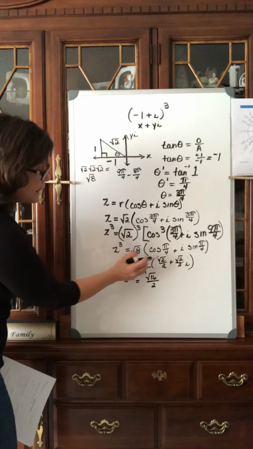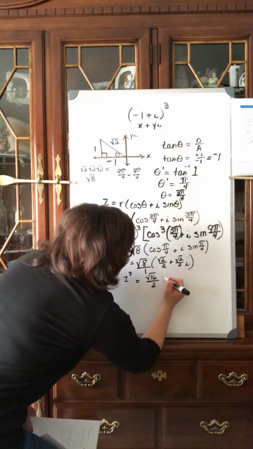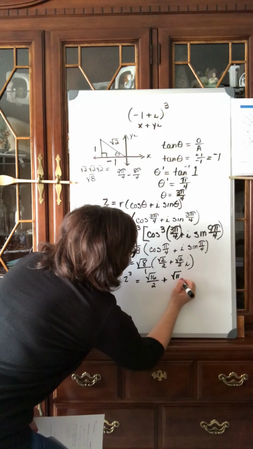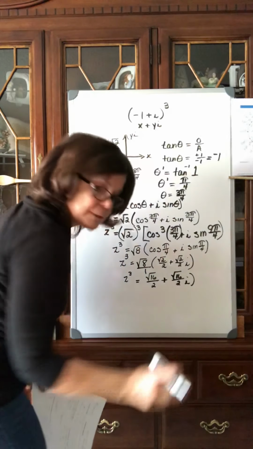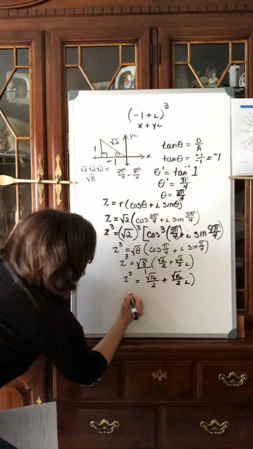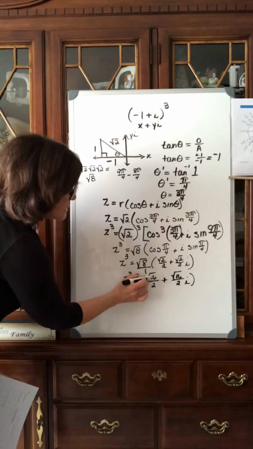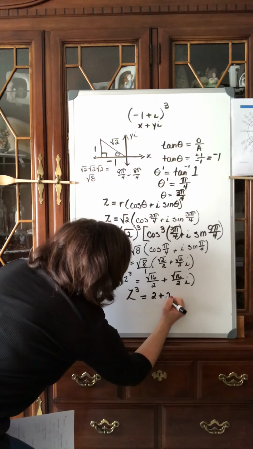The square root of 8 times the square root of 2 is the square root of 16. So z cubed will be equal to, the square root of 16 is 4, 4 divided by 2 is 2 plus 2i.